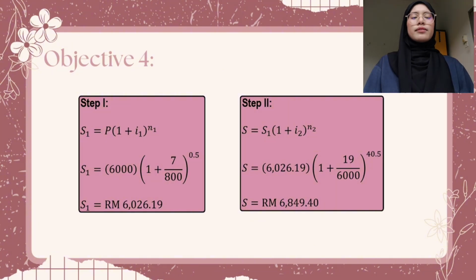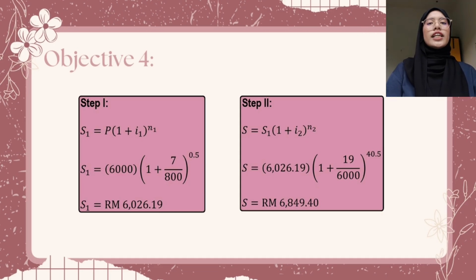S1 equals RM6,026.09. Finally, we calculate the accumulated amount S using the formula S equals S1 multiplied by 1 plus I2 to the power of N2. We substitute the information: S equals 6,026.19 multiplied by 1 plus 19 over 6,000 to the power of 40.5, which is S equals RM6,849.40.